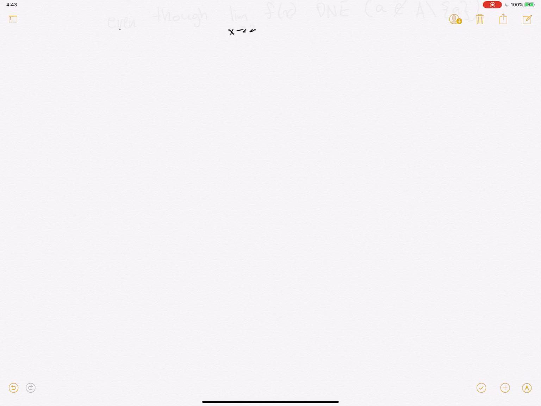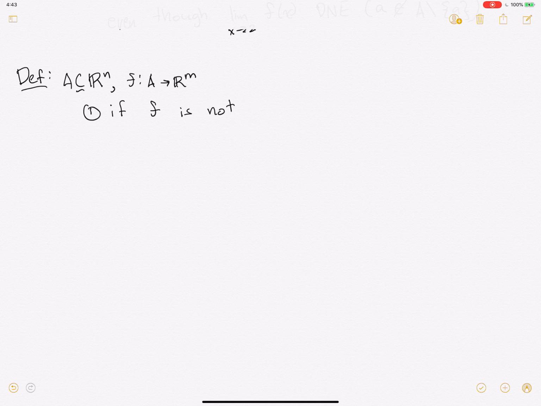Okay, so some follow-on definitions to continuous. Let's define these things again. F from A to R^m. 1. If f is not continuous, I'll just write CTS because it's really long, at a in that subset A, we say f is, big surprise, discontinuous at a. 2.